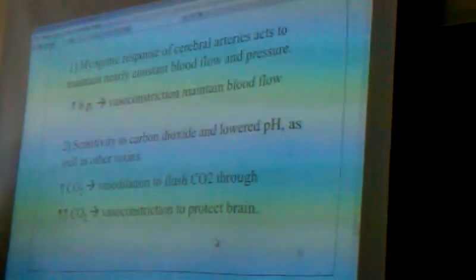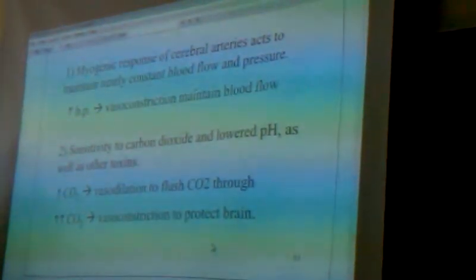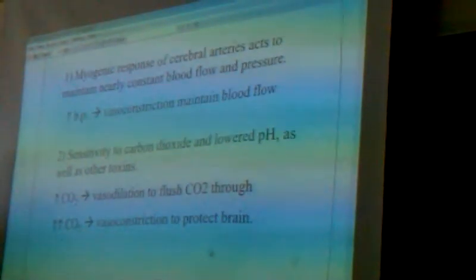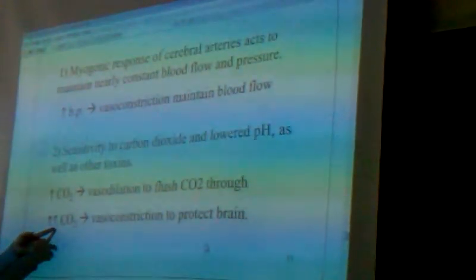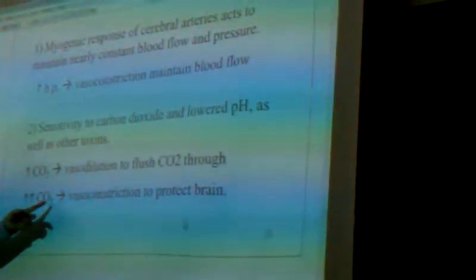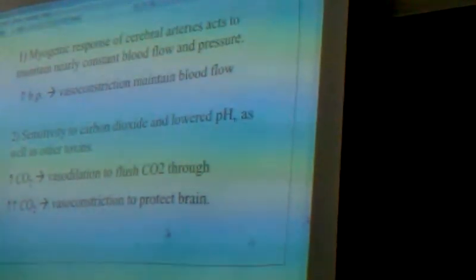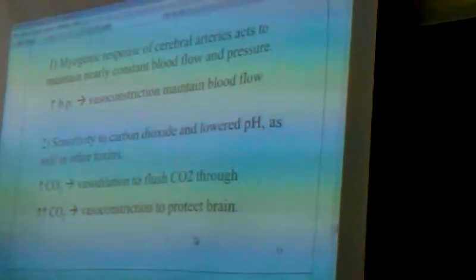But what if your carbon dioxide levels have elevated too drastically? The brain, instead of having vasodilation, when you have too much carbon dioxide in the tissue, you will instead have vasoconstriction. And that's to prevent all that carbon dioxide from going to your brain tissue and destroying the brain tissue.